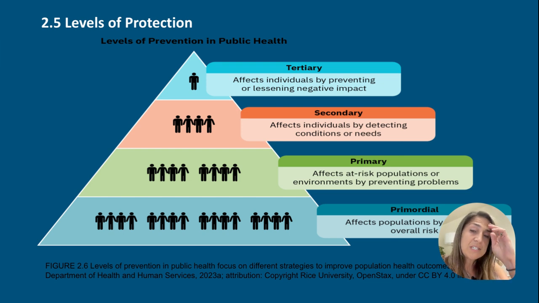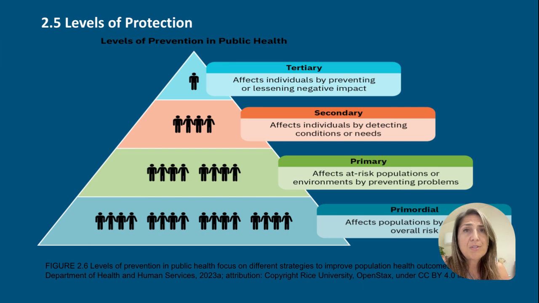So if you think about this in terms of diabetes, we'll start with our example of tertiary, so affecting individuals by preventing or lessening the impact. So your patient comes in, they already have diabetes. Now you're going to treat it with insulin, so it's lessening the impact, preventing any kind of damage to vision or limbs, right?